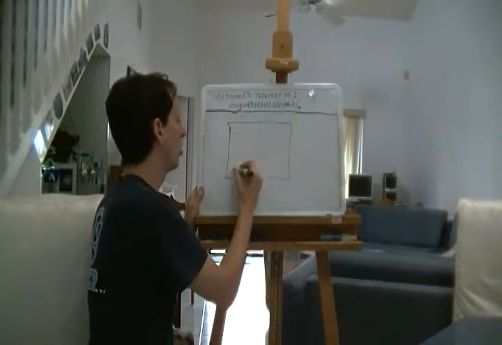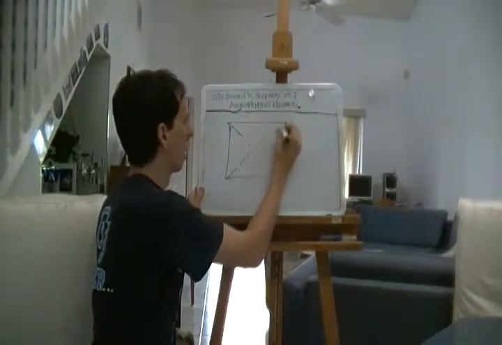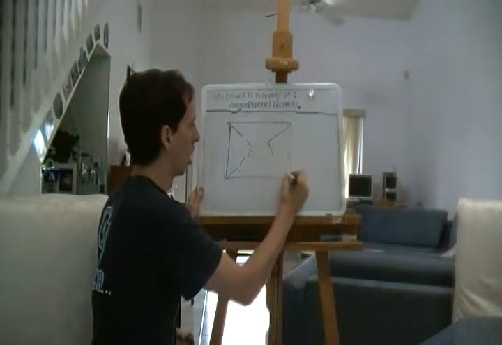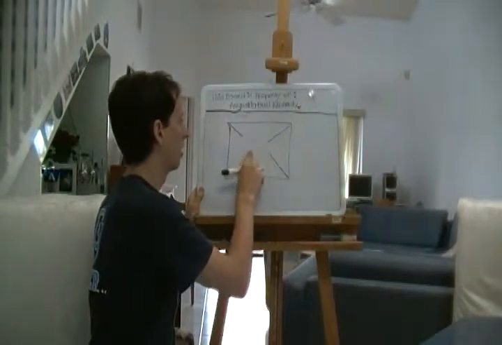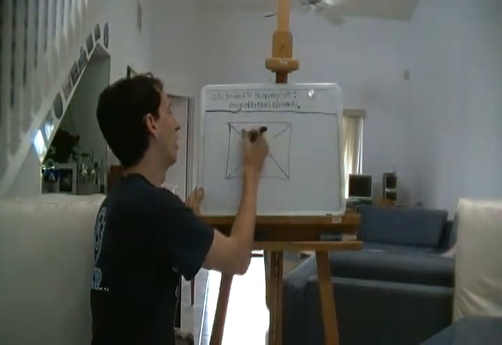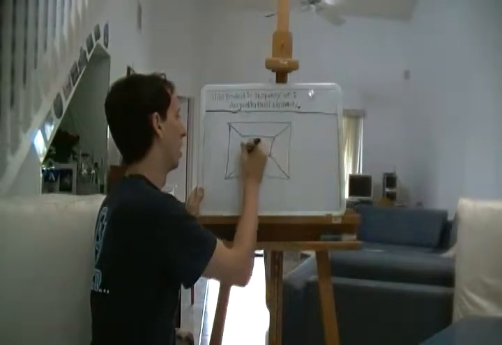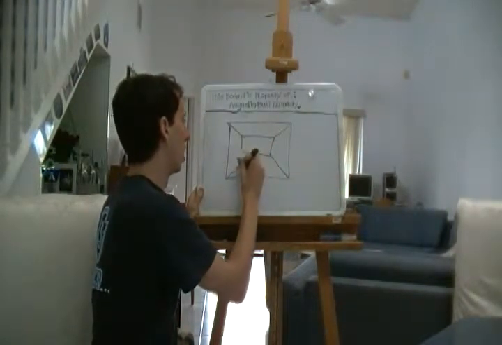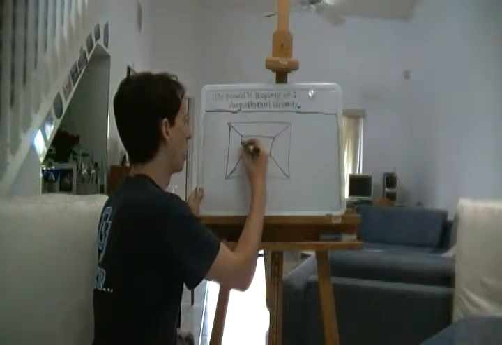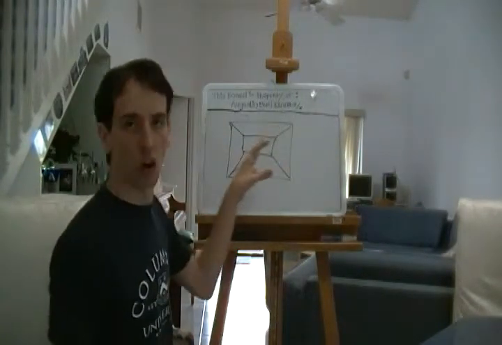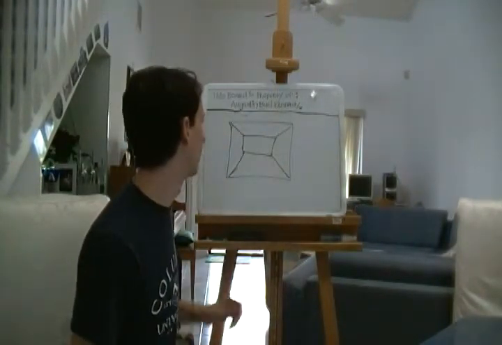Alright, so we have a cube. And let's get the inner square here. Alright, let's just pretend that all 6 of these sides are equal.